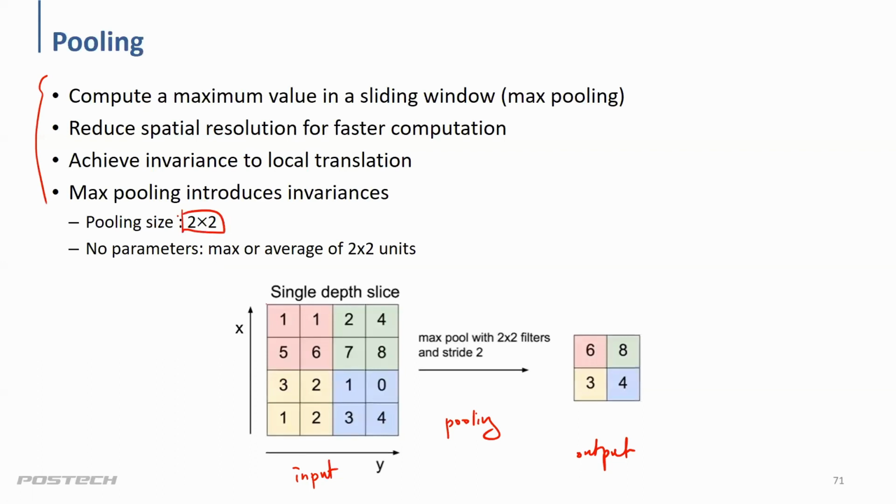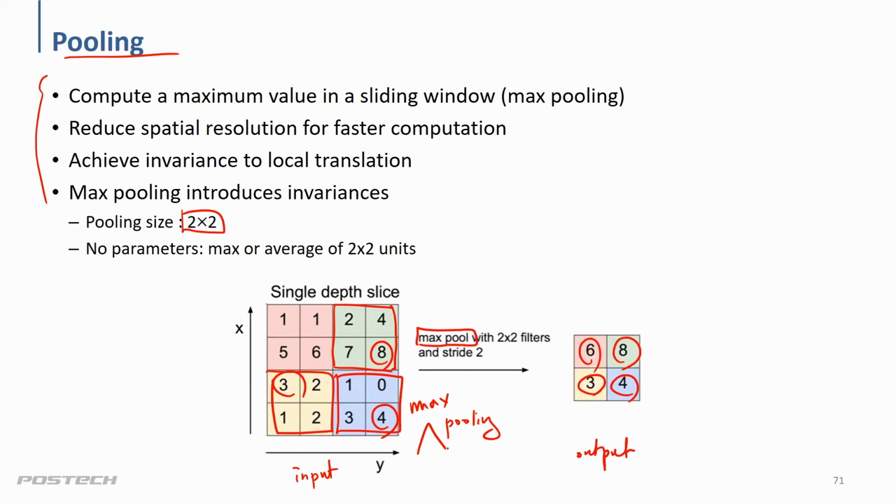If we have a 2 by 2 pooling size, that means we take the maximum values, so we call it max pooling. For max pooling, we pick the maximum values, we don't overlap, and we shift the windows and pick the maximum values over here, like that. So that's what max pooling does.